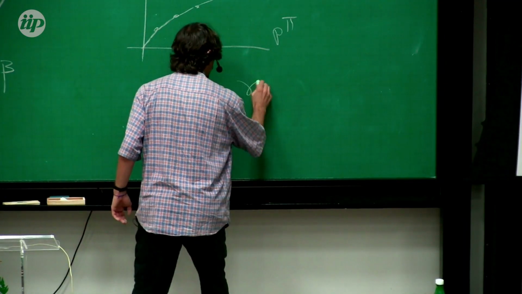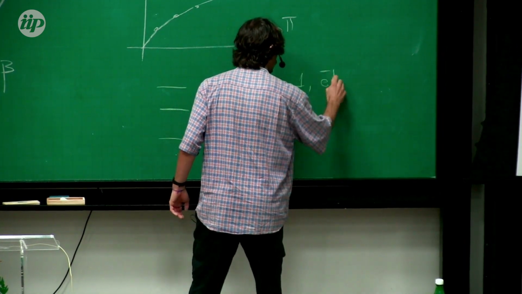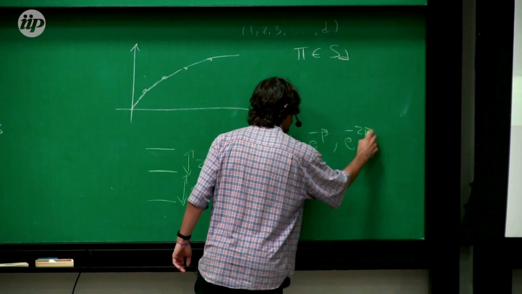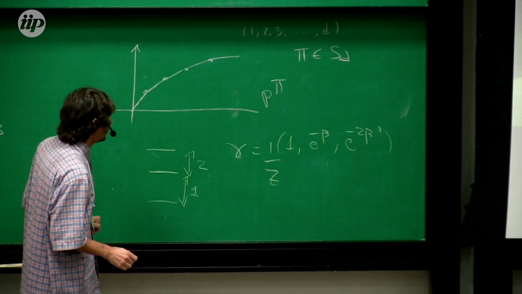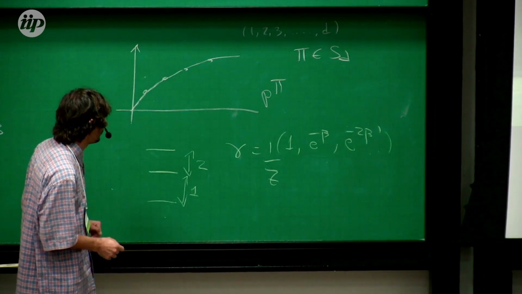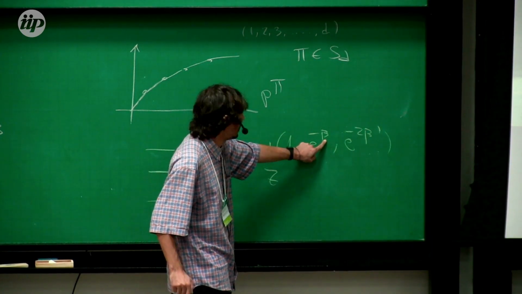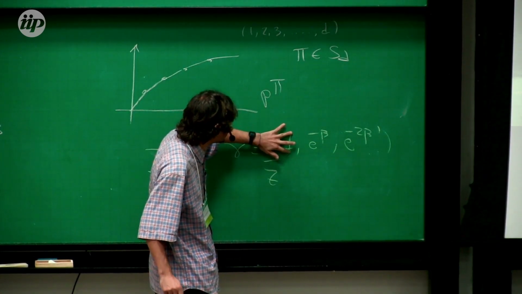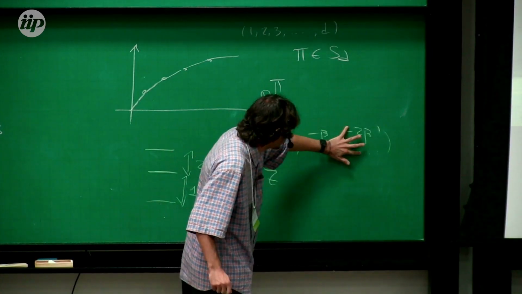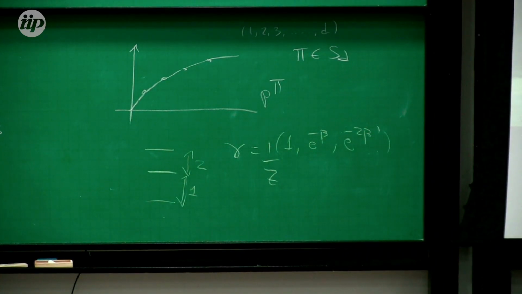So my thermal state will be e^{-0·beta}, e^{-beta}, e^{-2 beta}, times 1 over Z, right? It is a one-parameter family which depends on this beta. And since in thermal states the first entry is always larger than the second entry, which is always larger than the third entry, thermal states live in this chamber here.